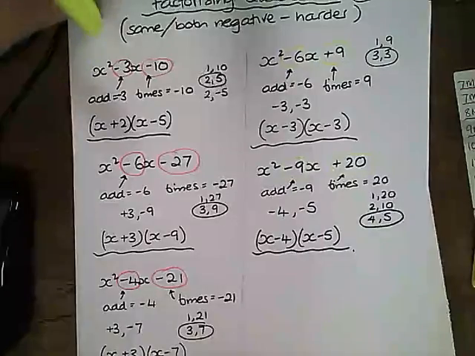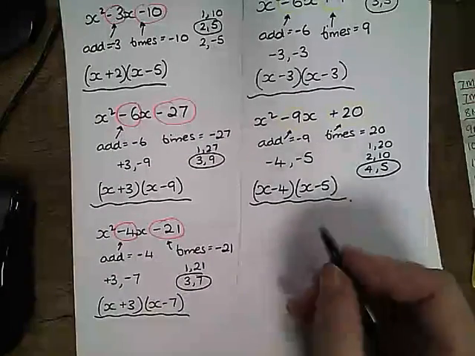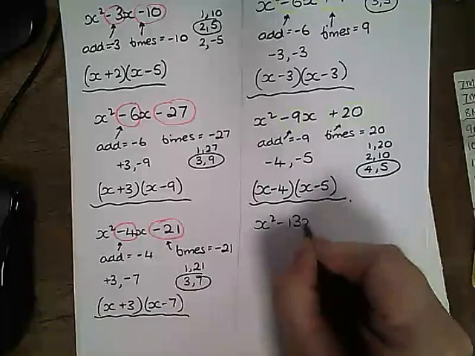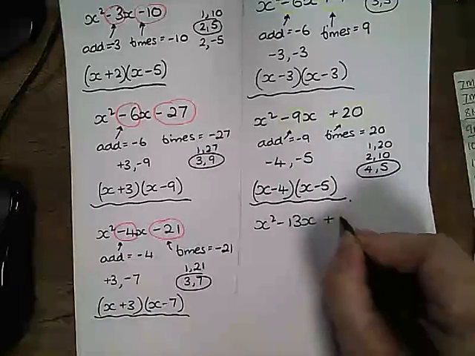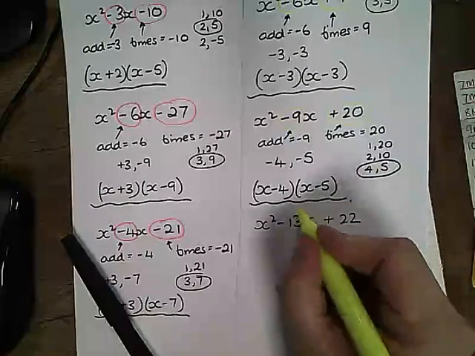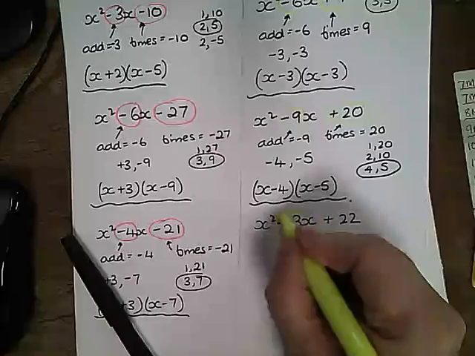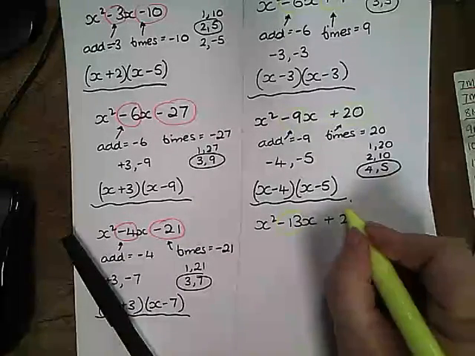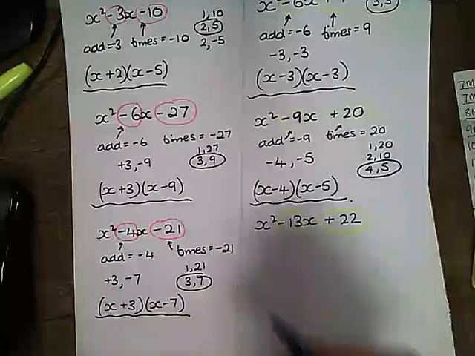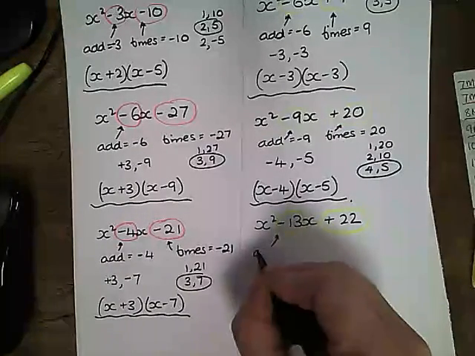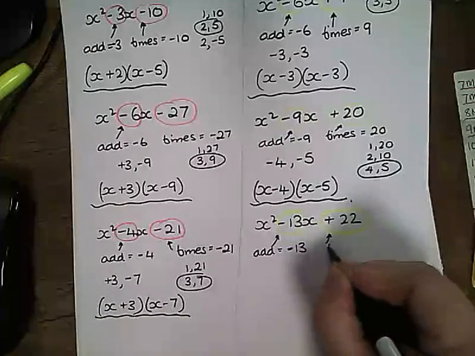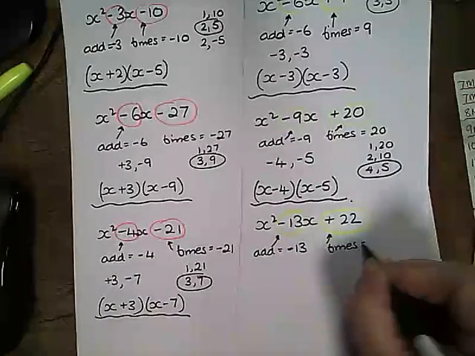And my final example is x squared minus 13x plus 22. So I'm looking for two numbers which add to give minus 13 and multiply to give positive 22. So again, I write it down. Add to give negative 13, times to give 22.